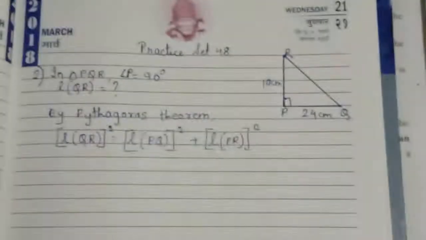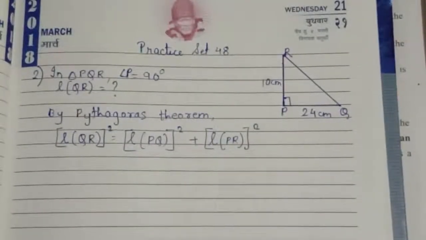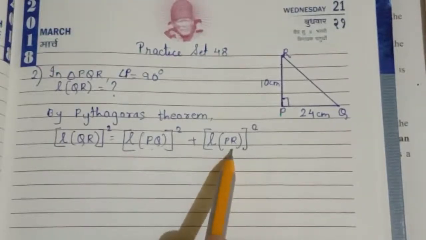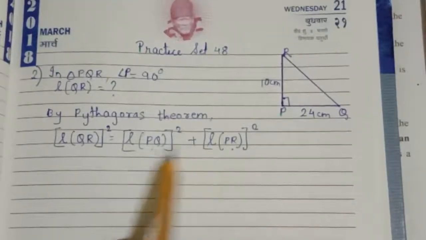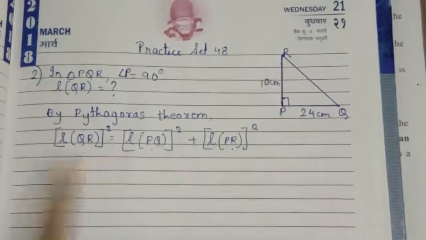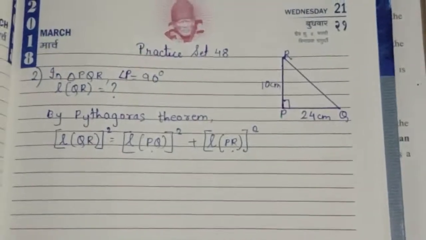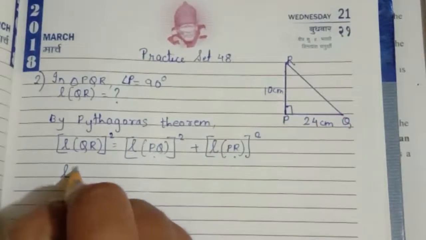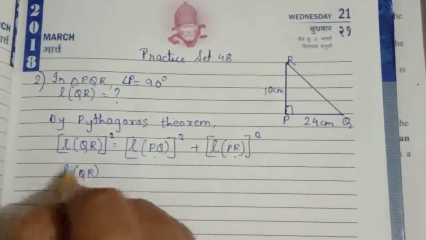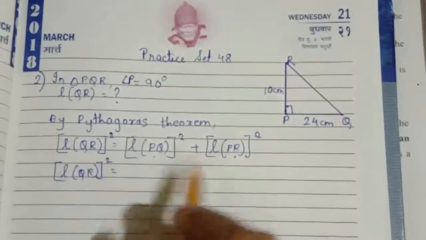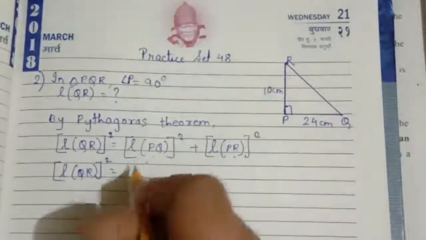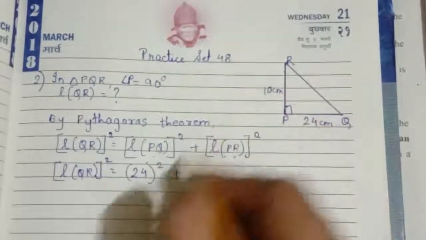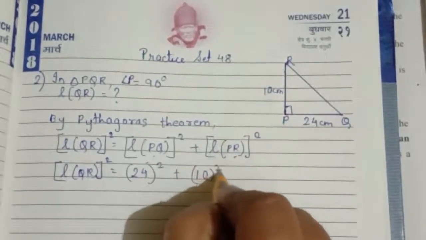Okay, so the sum of both the sides' squares is equal to the hypotenuse square. Now we'll substitute the values. We don't know QR, so we'll write it as it is. Length QR square is equal to, what is PQ's value? It is 24 square plus PR's is 10, so 10 square.